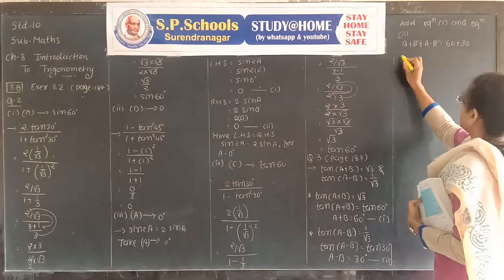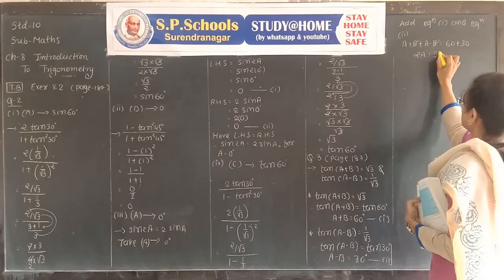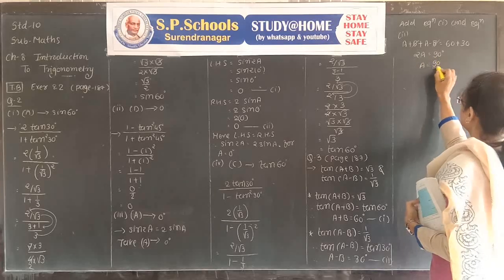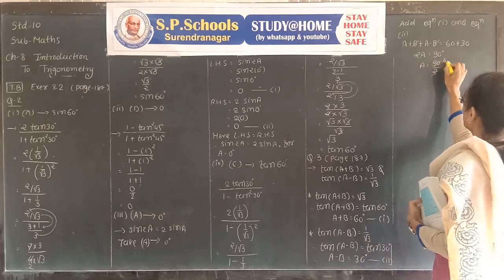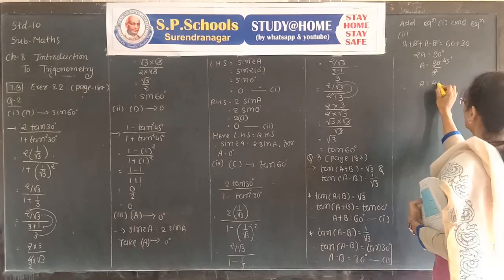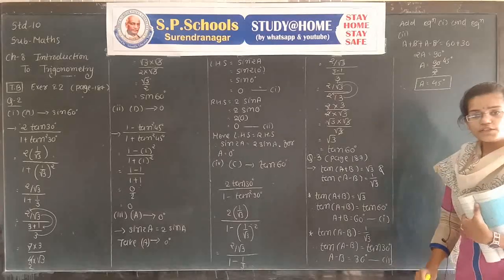Plus b and minus b are eliminated. a plus a is 2a is equal to 90 degree. That's why a is equal to 90 upon 2. We get 45 degree. The value of a is 45 degree.